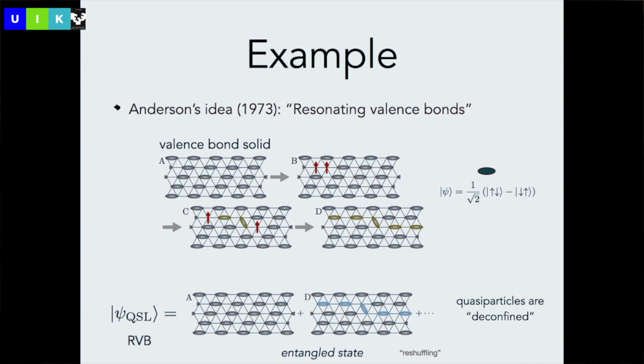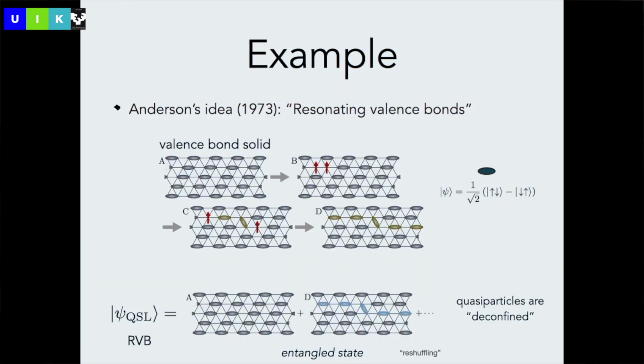And so what you've just done, by separating particles away and leaving traces of these separations of the spins with one another, is just create a reshuffling of the terms in your superposition. And so this is the notion that the quasi-particles are deconfined, because pulling them apart, creating these strings, doesn't cost very much energy. Okay.